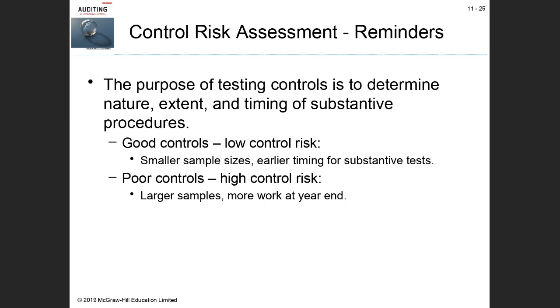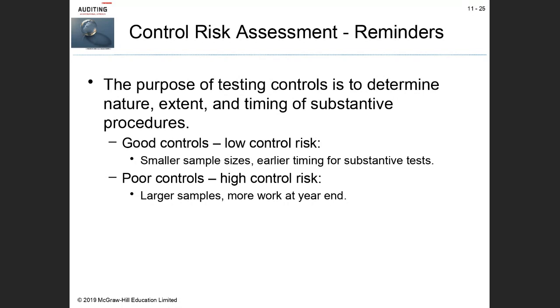The extent of tests refers to how many items we are going to look at. The timing refers to whether we do the substantive procedures just at the end of the year, or do some of them earlier in the year.